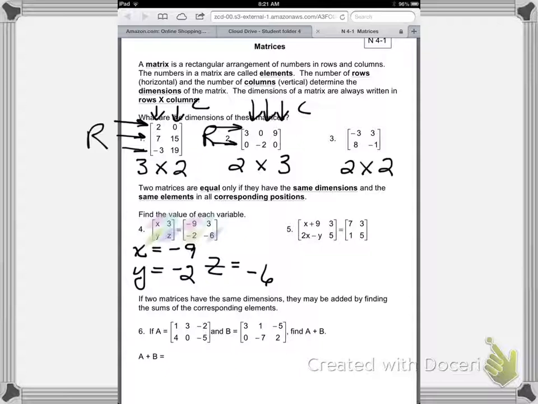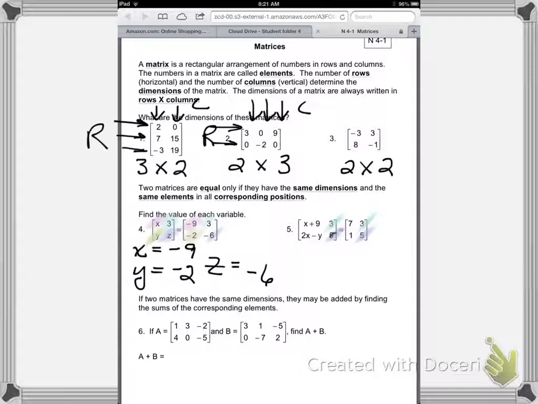Then I've got this other matrix here, which are equal matrices, and I need to figure out the variable. Again, we see 5 equals 5. 5 equals 5. If I go back, I can tell they're equivalent. 3 equals 3. But then I have these variables.